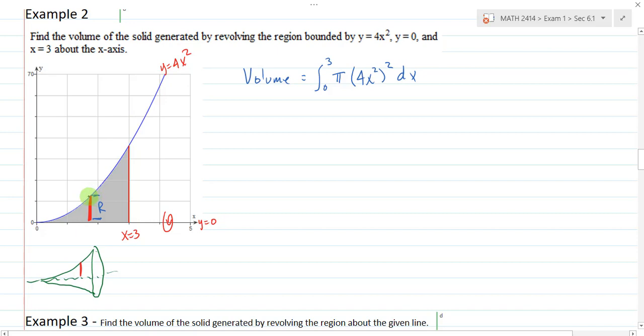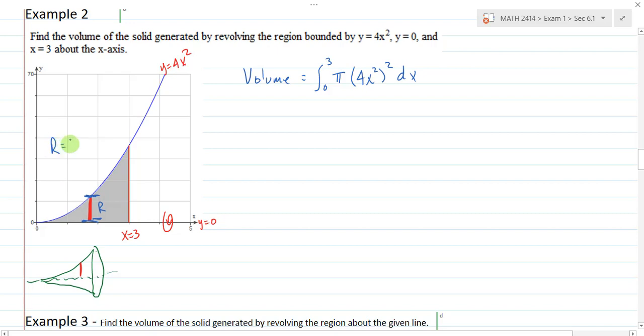The height of this rectangle is going to be the top of the function minus the bottom of the function. The top of the rectangle minus the bottom. Well, the y value anywhere along this shaded region can be found by using this function right here because that's the curve that gives us the top of this shaded region. To get your radius, if you're integrating with respect to x, you're going to have a vertical line.